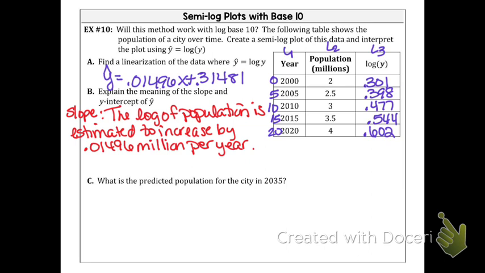All right, the y-intercept. Remember, the y-intercept is when your time is 0, so that's the year 2000. Okay, so the estimated log of population in 2000 is the 0.31481 million.